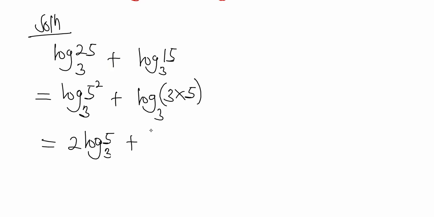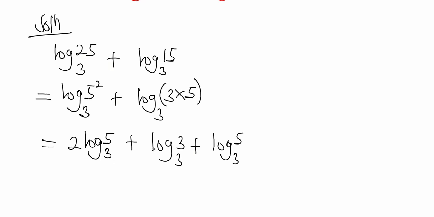At this point, we are going to have the logarithm of 3 base 3 plus the logarithm of 5 base 3. Now when we look at the question given to us, we were given the value of log 5 base 3.